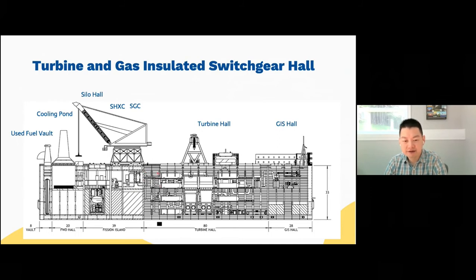But after that, this part is all called balance of plant. It's not radioactive. Mainly, there's several parts, but mainly there's a turbine hull and a GIS hull. And GIS hull stands for gas insulated switchgear.